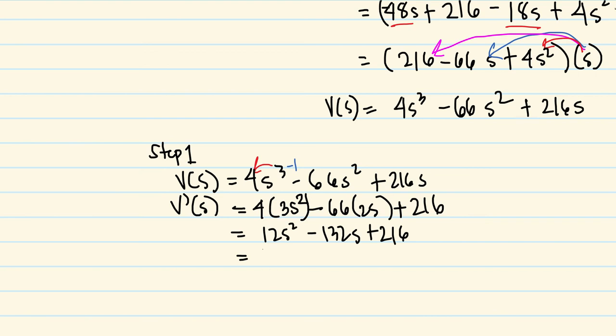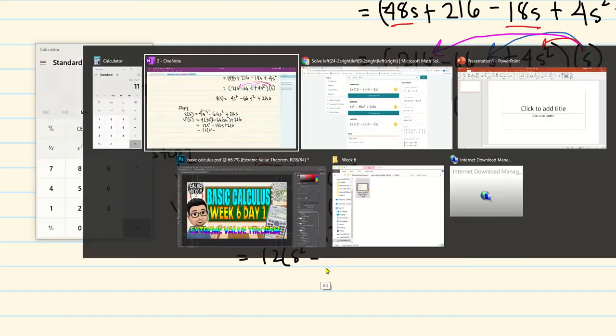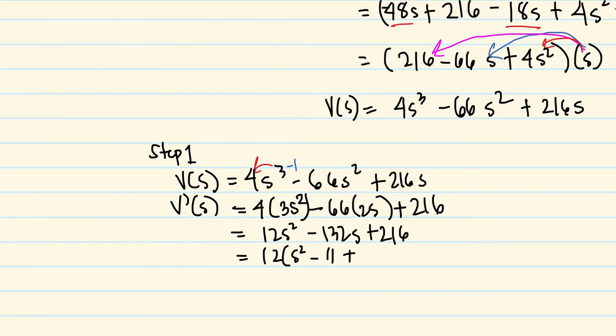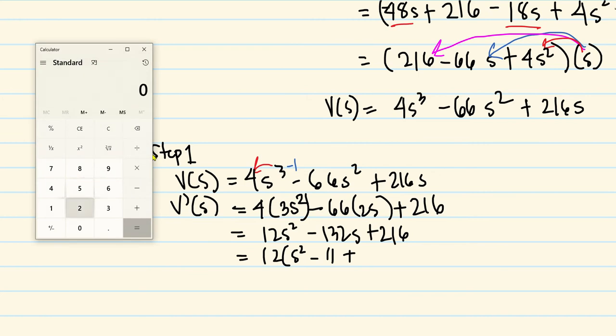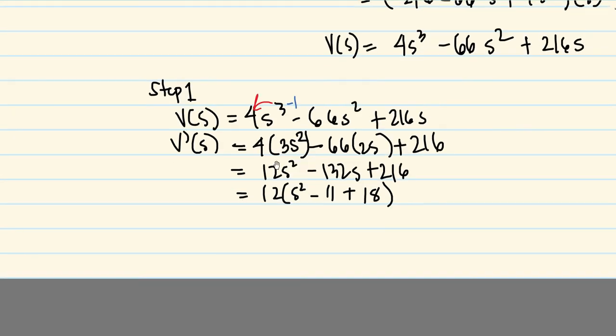Okay, so we can get the 12 here. So it will be s squared minus 11s plus 18. This will become more manageable to factor.